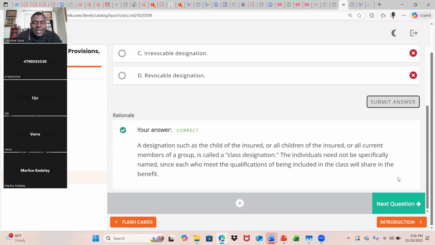They can do DNA tests and it will confirm that you are the father. They are going to be included in the class and collect. So in such cases, you have to say in that class all my children that are identified at the time of my death.